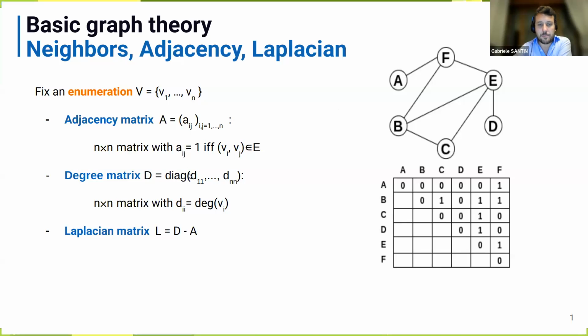Then there is the degree matrix, which is a diagonal matrix, and every element of the diagonal is the degree of the node, so the number of connections of the node. Okay, this can also be obtained as the row sum of the adjacency matrix. For example, the node A has degree 1, and indeed, if you take the sum of the entries of this row, it is 1, which is just the single connection that A has.